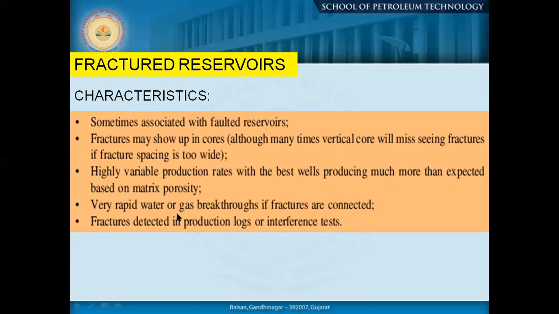So there is very rapid water and gas breakthrough if fractures are connected. What is happening once the fractures are there is that the flow is very fast. So once you try to draw down more, water will move very fast or gas will move very fast and they will be produced. So fractures are detected in production logs or interference tests. How do you judge this? By doing certain analysis.